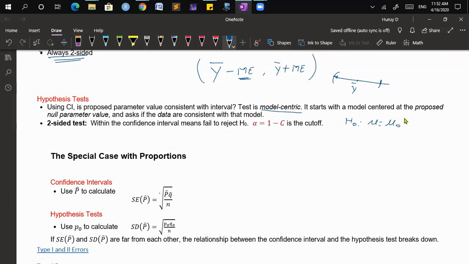So this is where we start. And we say when the null hypothesis is true, T with n minus 1 degrees of freedom, y bar minus mu sub naught over the standard error of y bar, follows a T model, or Student's T model.